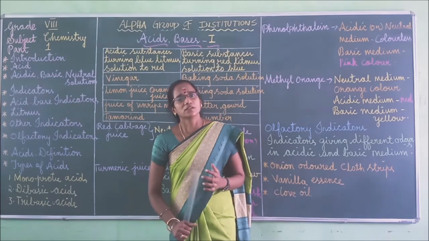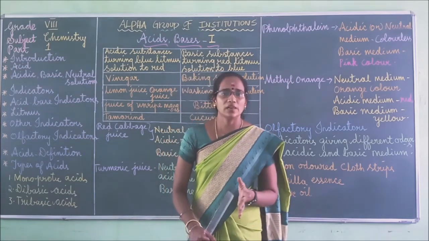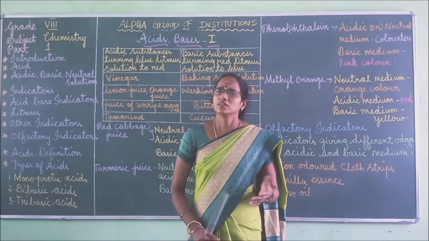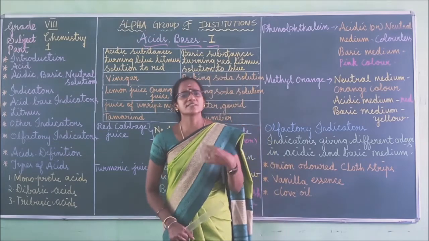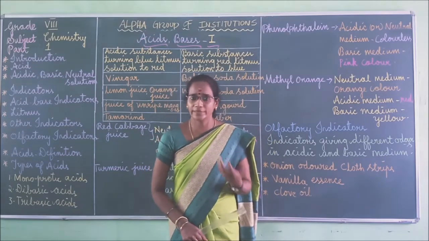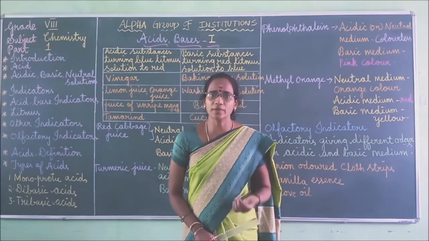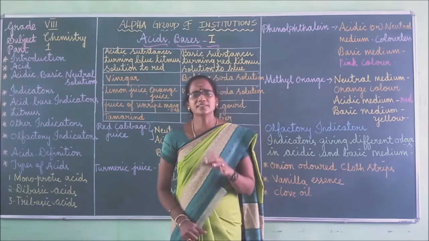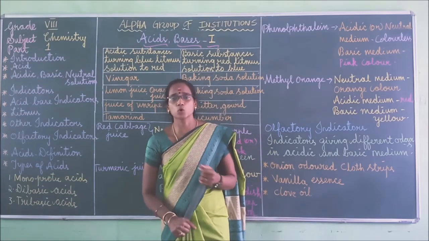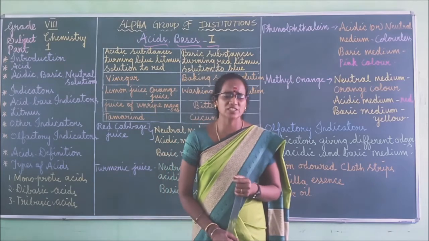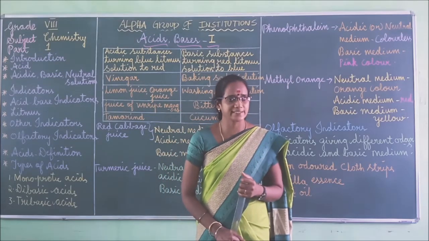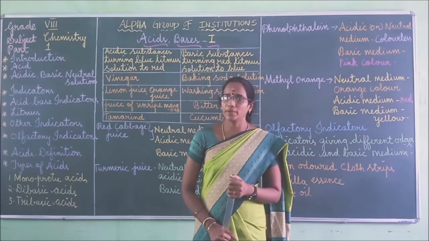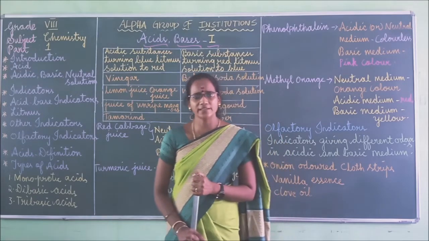Substances like curd, tamarind, lemon, vinegar are sour to taste, so they are said to be acidic. And some substances like soaps, sodium bicarbonate are bitter in taste. They are said to be basic in nature, right?